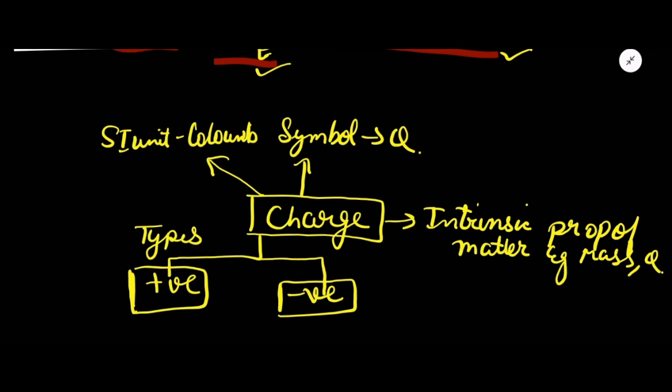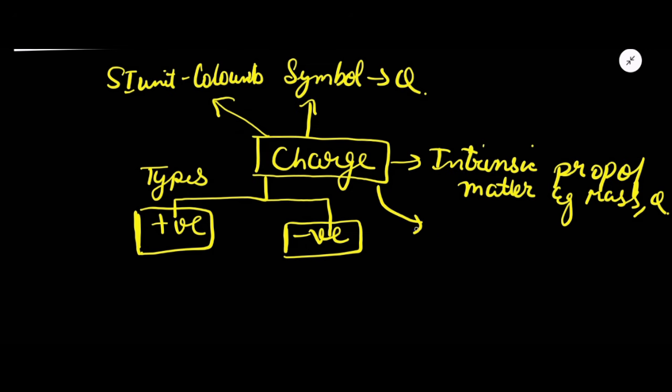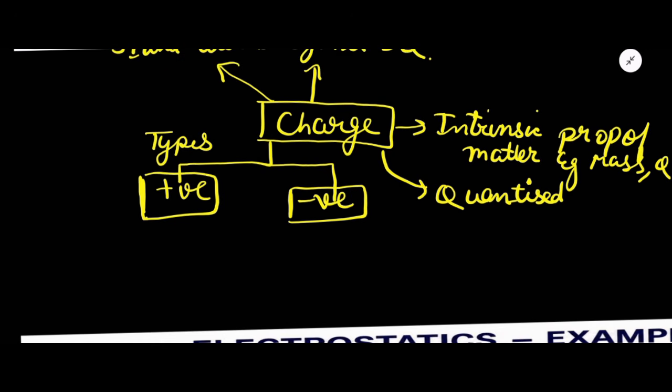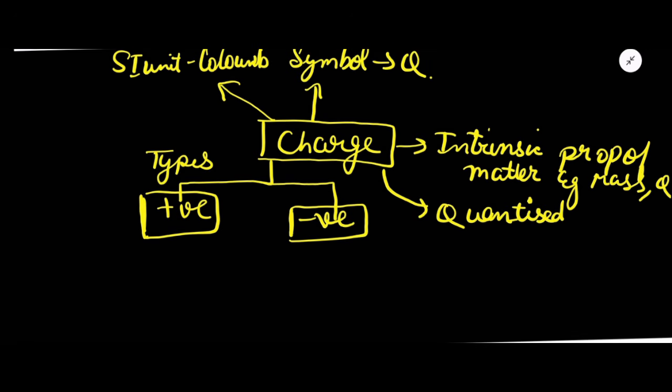Another property of charge is that charges are quantized. So what is the meaning of charge being quantized? The smallest unit of charge that can exist independently is 1e. Therefore charge always exists in integer multiples of the fundamental charge. This is our fundamental charge. So we'll always have its integer multiples: 1e, 2e, 3e, in this way.